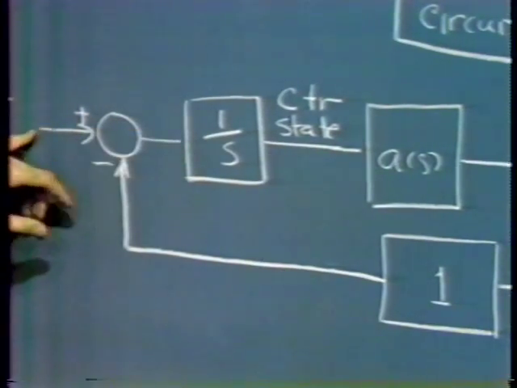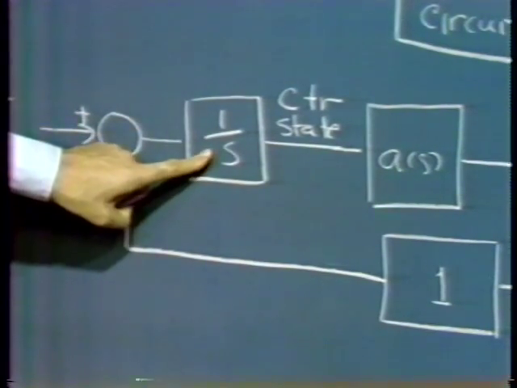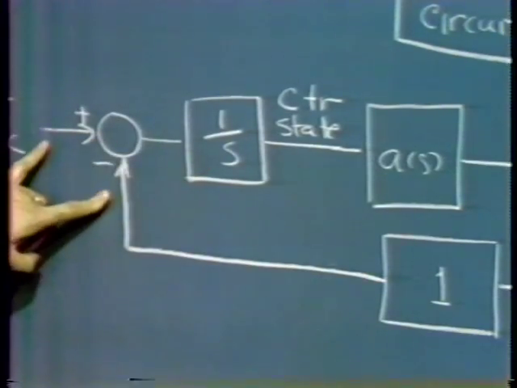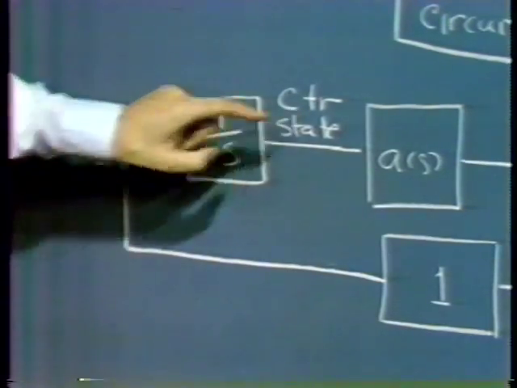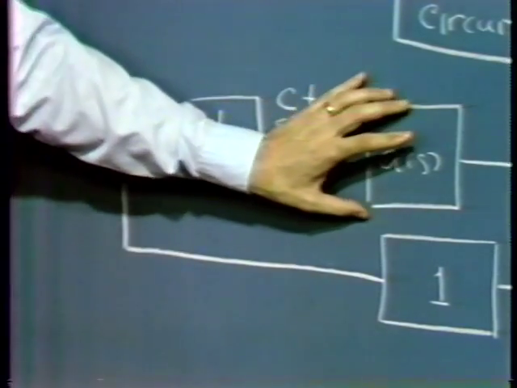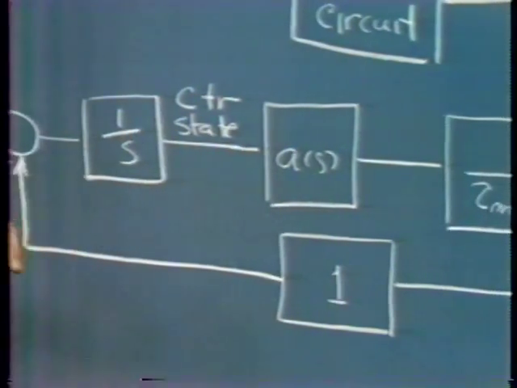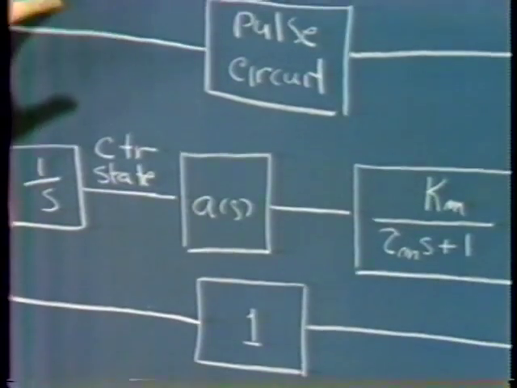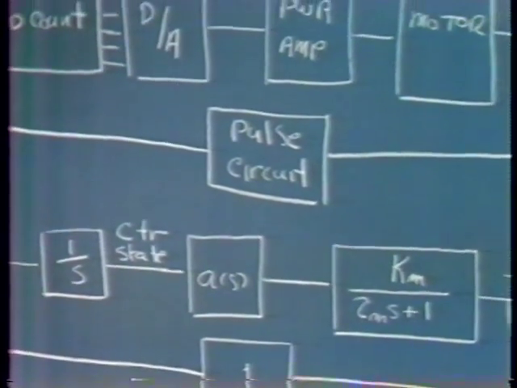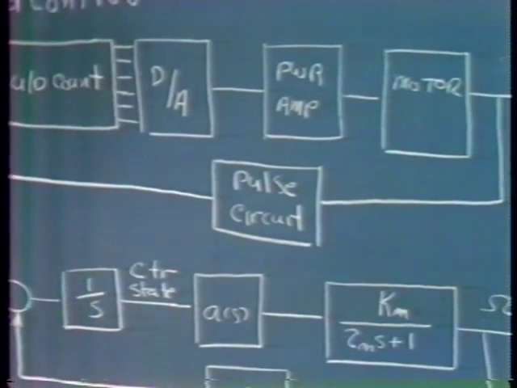That's the integral of the difference between these two frequencies. So we get a 1 over S that links the difference between these two frequencies to the state of the counter. Again, this is a block diagram that implements what's going on here, ignoring the quantization intrinsic to the D to A converter and some of the sampling problems with this pulse feedback scheme.